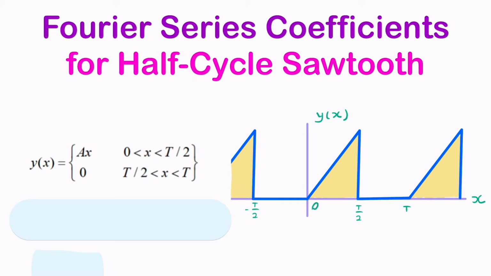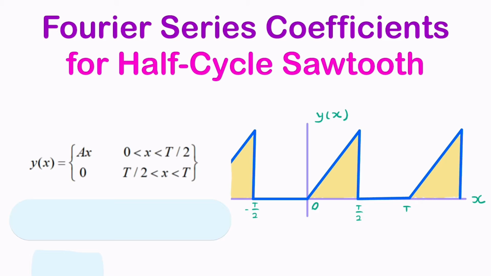So here we're trying to find the Fourier Series Coefficients for a sawtooth waveform, and I'm calling it a half-cycle sawtooth because we've got the sawtooth, but then we've got half the cycle that's 0.